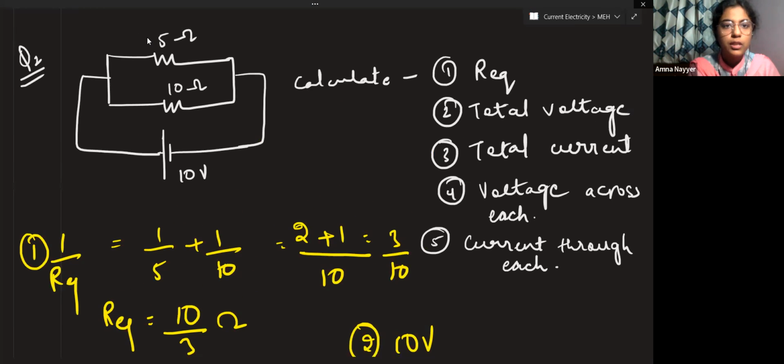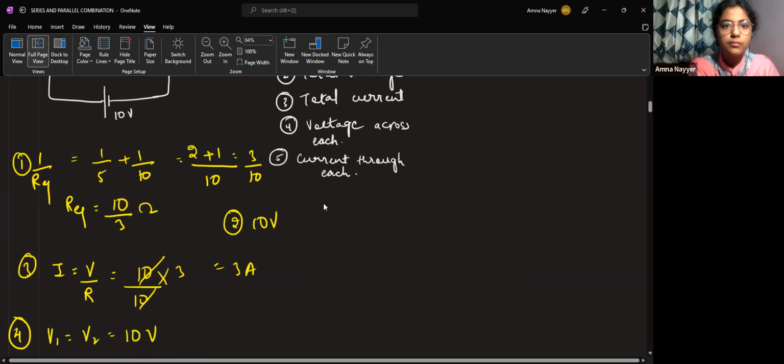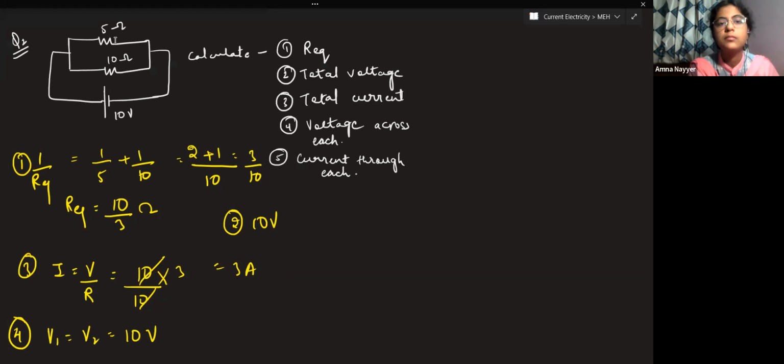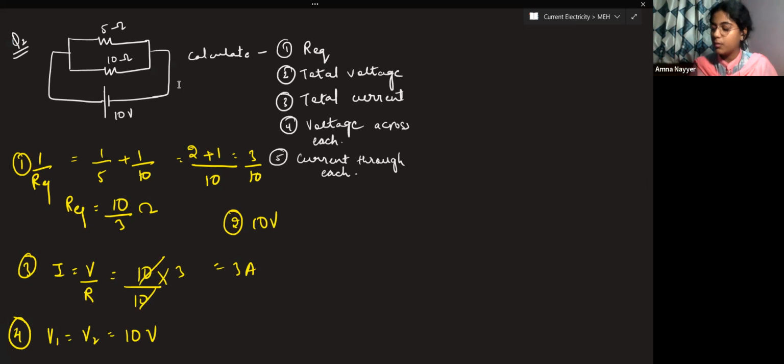Note down the question and the solution, whoever wanted to write it. Then we'll do one more question. Now combination questions we can do. We have studied parallel separately, series separately. Now interesting questions we will do.